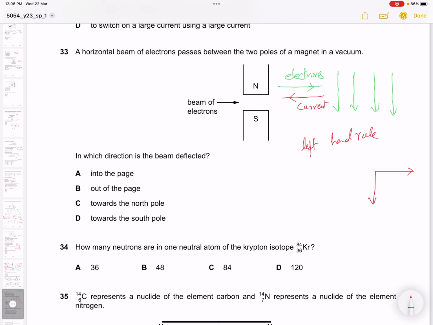Basically, not this, this one is the direction of current, right? So applying Fleming's left hand rule, we see that the electron will move out of the page. This is basically out of page direction by using Fleming's left hand rule. So option B will be the correct one.